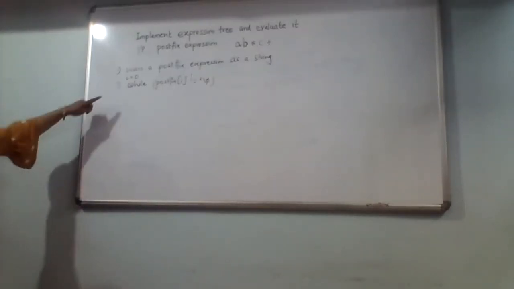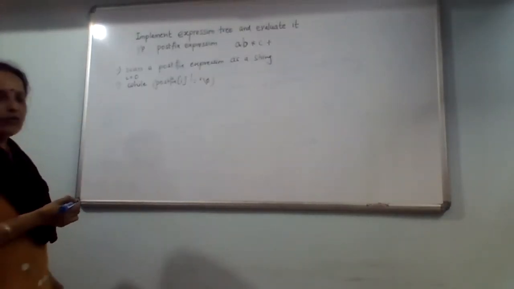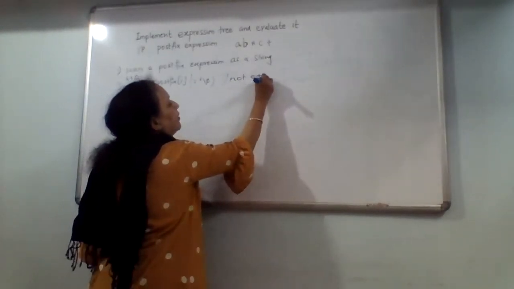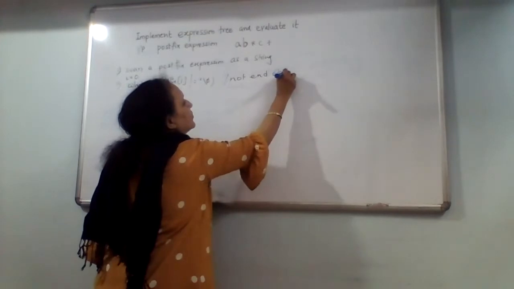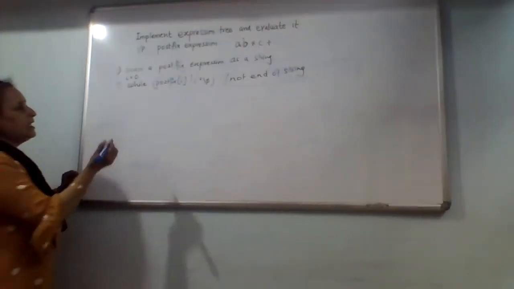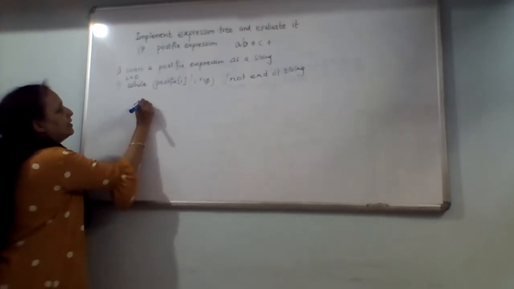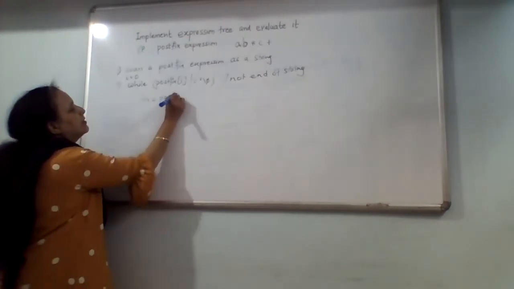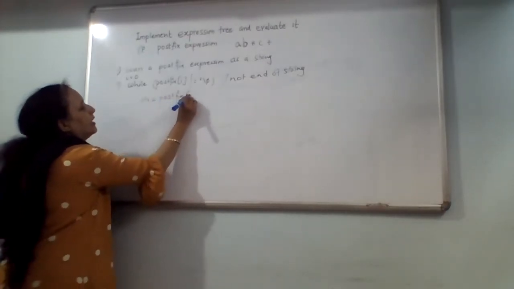Then we are saying while postfix of I is not equal to 0, means not end of string, what we are doing? We are scanning each character, that is character is equal to postfix of I.